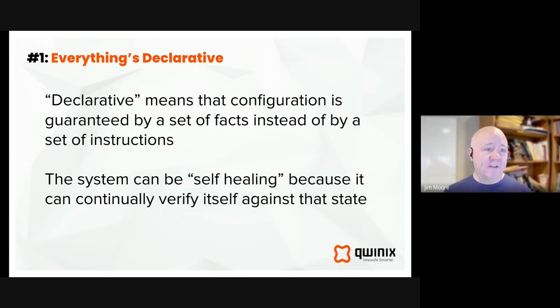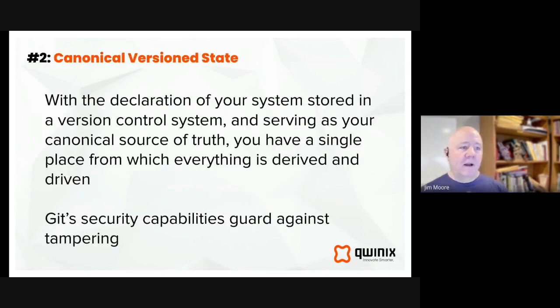And because of that, that enables the system to be self-healing because it can continually watch and make sure that its state hasn't changed compared to what it expects in its canonical form in the Git repository. Canonical version state. So with the declaration of your system stored in a version control system and serving as your system of truth, you have a single place from which everything is derived and driven. And again, what's really nice about this is that Git security guarantees make sure that nothing can be tampered with without you knowing about it.